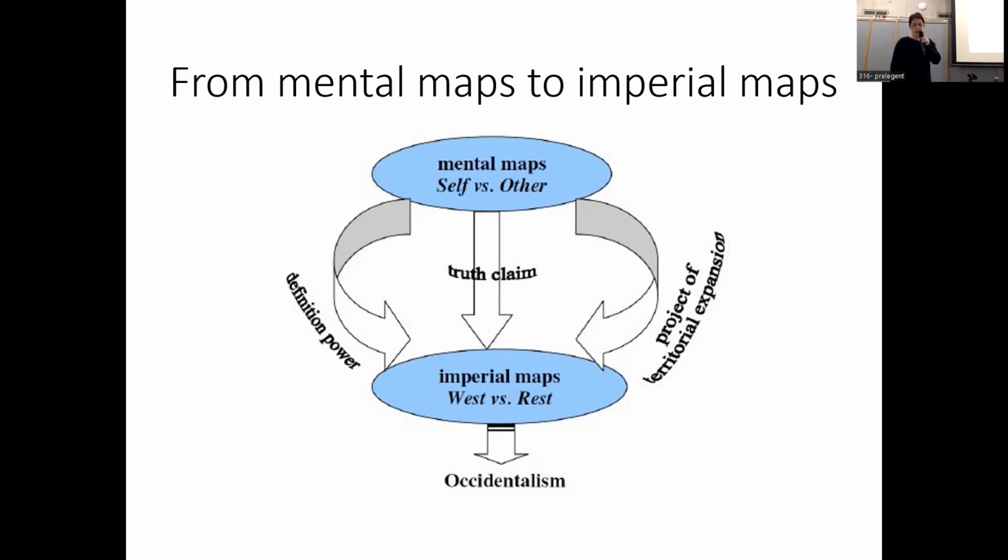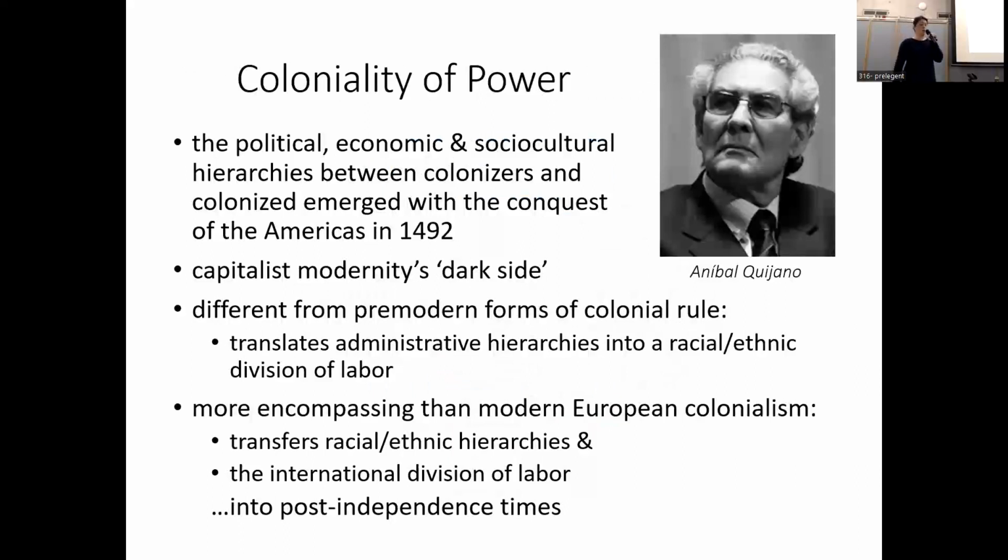This is something that Aníbal Quijano has talked about with the term coloniality of power, by which Quijano, Peruvian sociologist, has described the political, economic, and sociocultural hierarchies between colonizers and colonized that emerged symbolically, but also gradually from 1492 onwards, so with the colonization of the Americas.